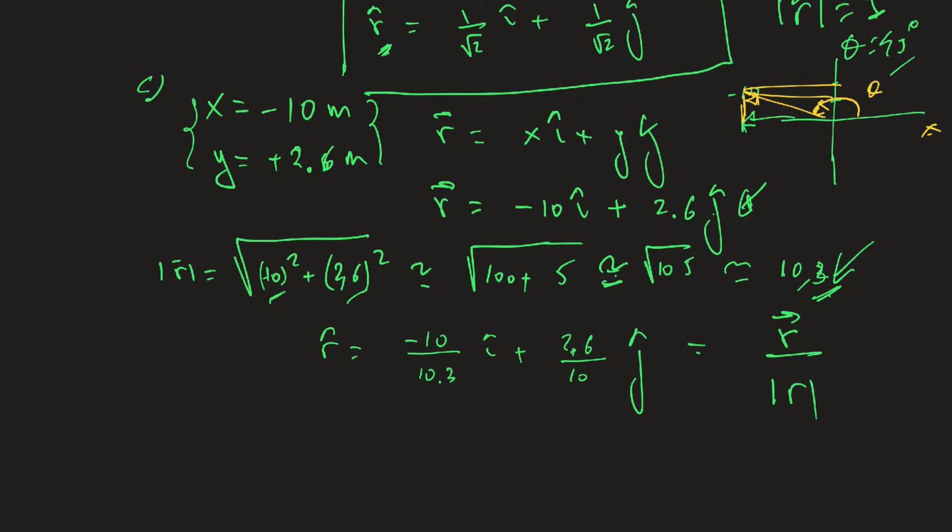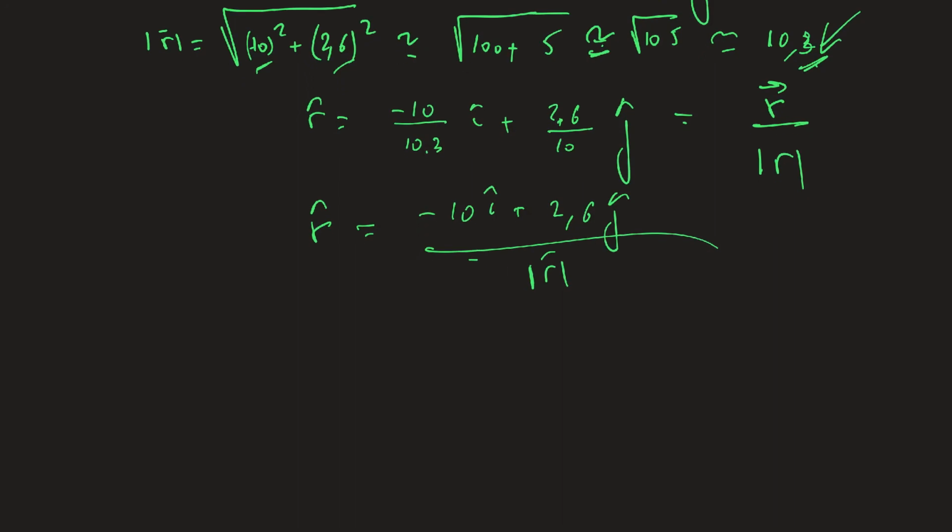So the unitary vector in the direction of the vector r that has magnitude 1 will be this vector: minus 10i plus 2.6j divided by the magnitude of r, that I said should be around 10.3. And again, if you draw these vectors, the vector is minus 10i.